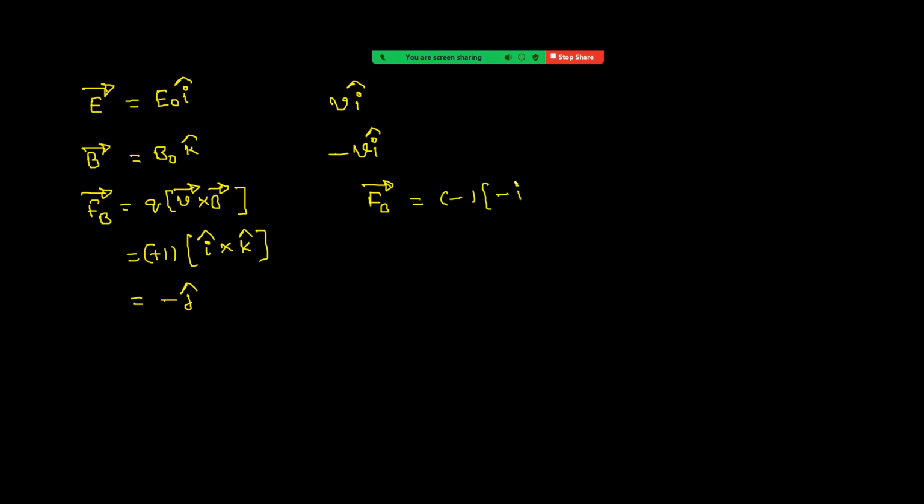Velocity is minus i cap, field is k cap. Minus minus becomes a plus, remaining is minus j cap. Means on negative ions also, because of the magnetic field, force will be towards negative y-axis. That means on both ions, force acts in the same direction. Means both ions will deflect along negative y-axis.